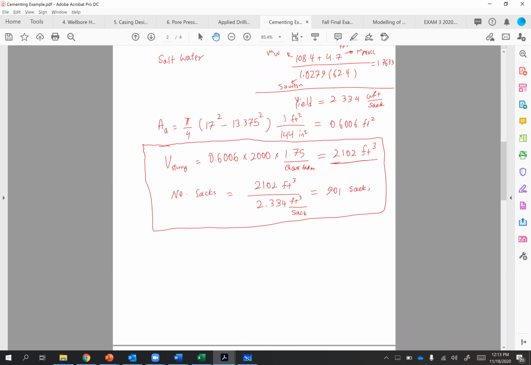And then we calculate the number of sacks of the cement, right? So that is how many cubic feet divided by the yield. So yield is coming here, right? This is the yield you calculated here. And this is the volume of the annulus divided by the yield, 901 sacks of cement you would need to fill up that area.